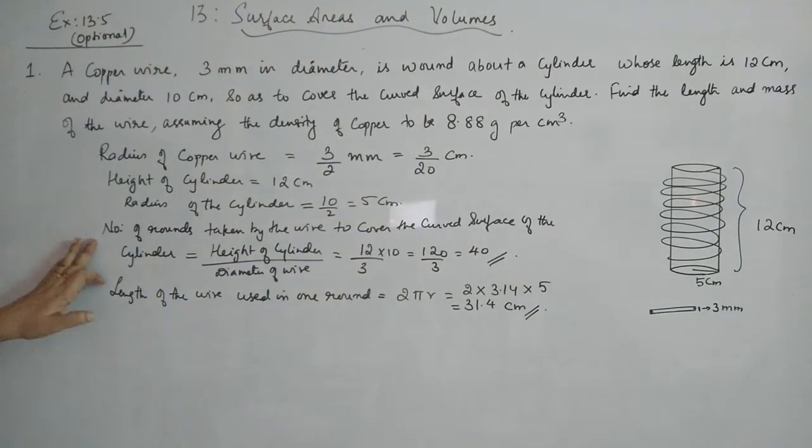And how many rounds are there? 40. So you will get the total length of the wire used as 40 into this much.